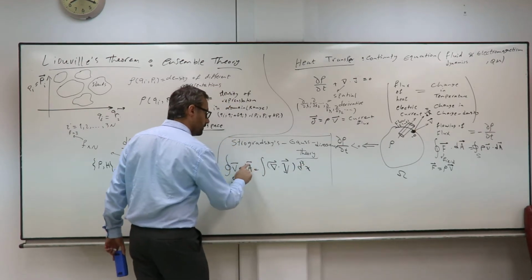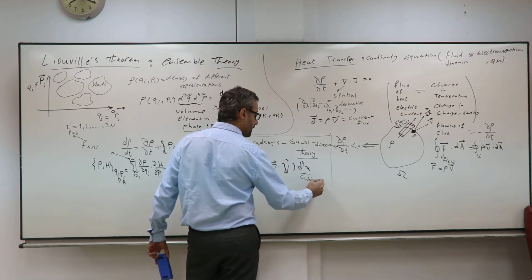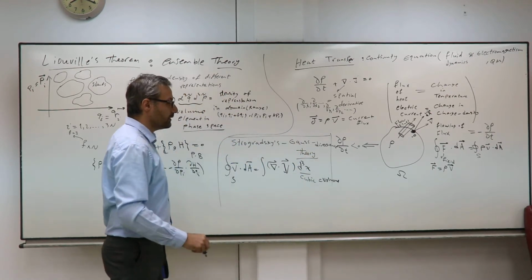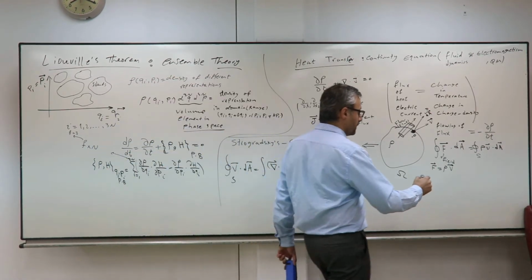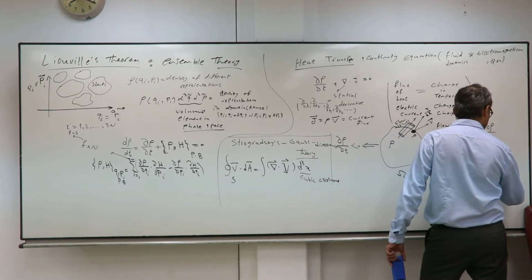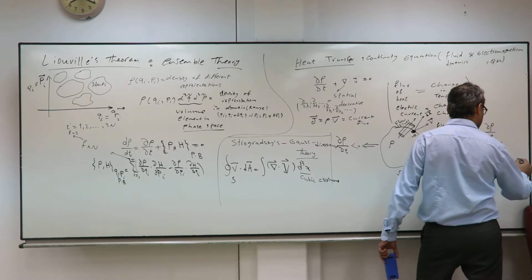I write the volume as d cubic x, just a cubic element like the volume. You can write dV or anything else. So I can use this theorem, Ostrogradsky-Gauss, and I write it as the integral of divergence of rho v d cubic x.